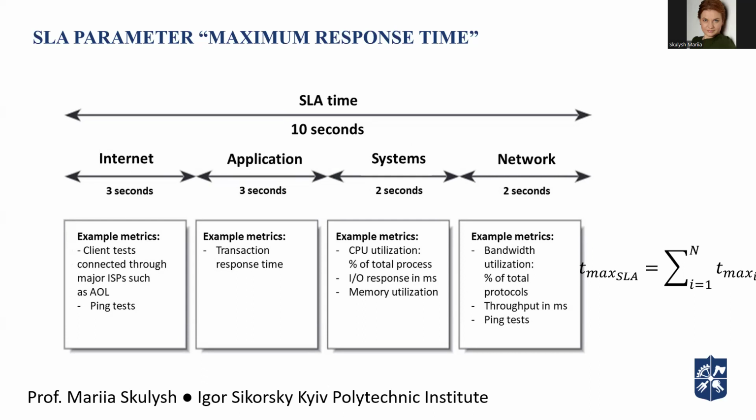We should understand that it contains four different elements. First, it's the delay in the internet. On this one, the maximum is 3 seconds. Then the response time of the application, for example, 3 seconds. It's for something like transaction response time.